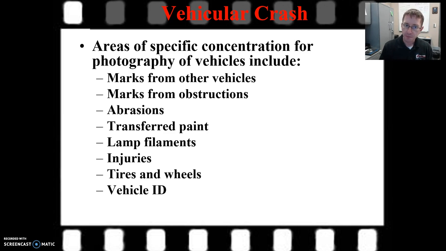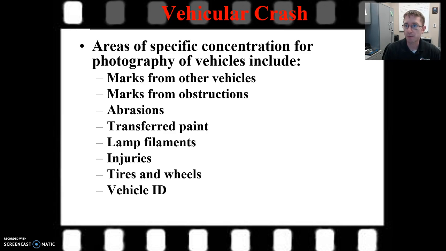Also, if we have other things, gouges in the highway, marks on traffic signs, marks on fire hydrants, marks on the curb, whatever came into contact, if the vehicle rolls over and goes off into the ditch, the gouges in the dirt, the gouges out of trees, any of that stuff becomes stuff that we want to get.